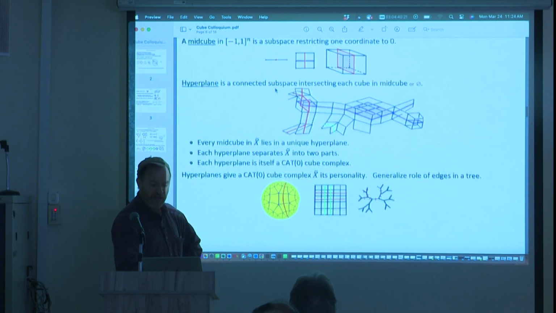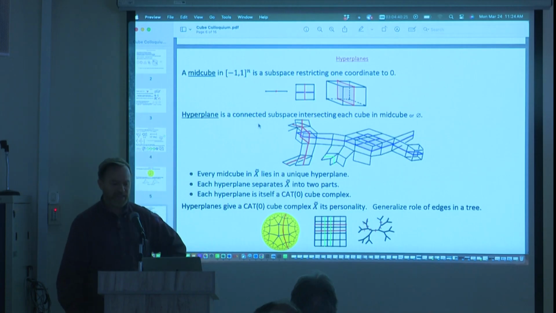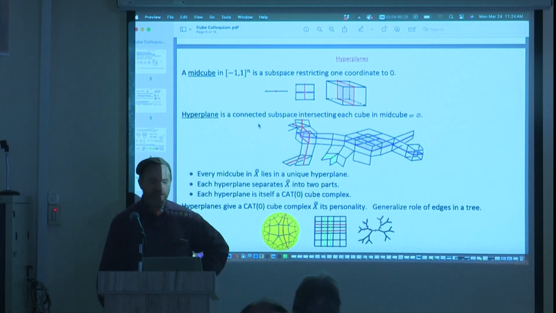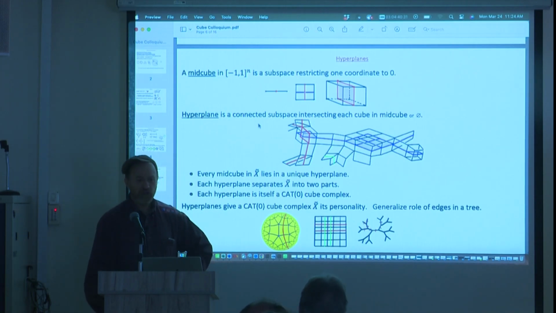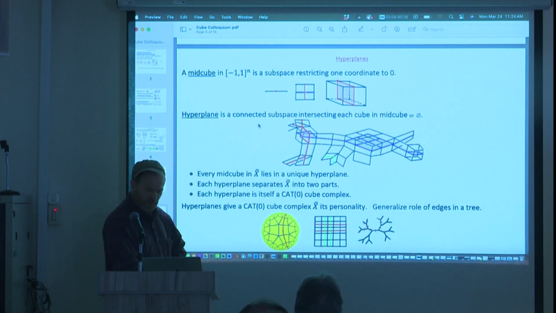A hyperplane is a connected subspace that intersects each cube in a single mid-cube, or it doesn't intersect it at all. So in this kind of duck dinosaur looking cube complex, you can see that there's a blue hyperplane. It follows the rules that I gave you.